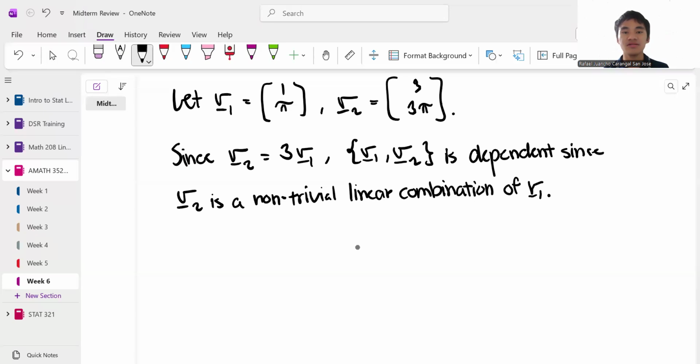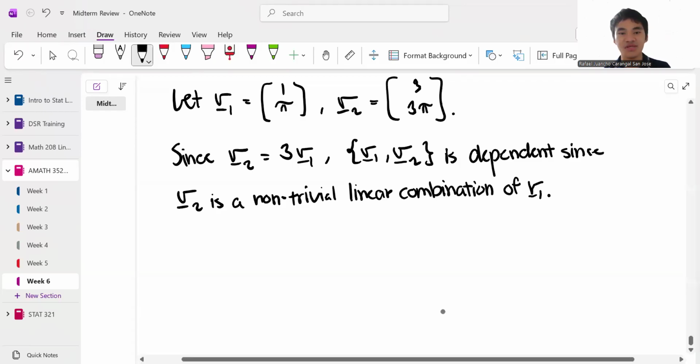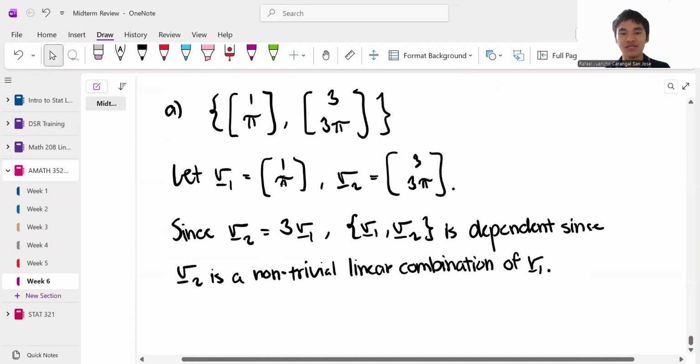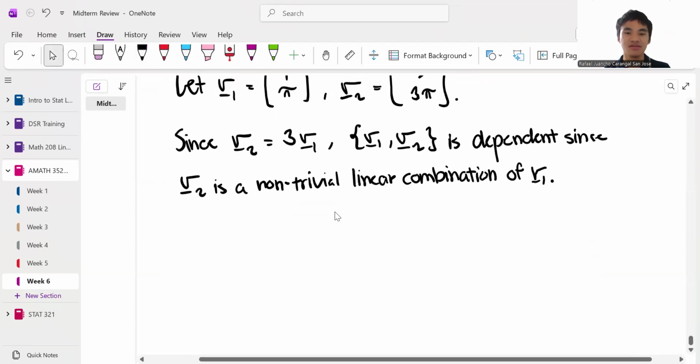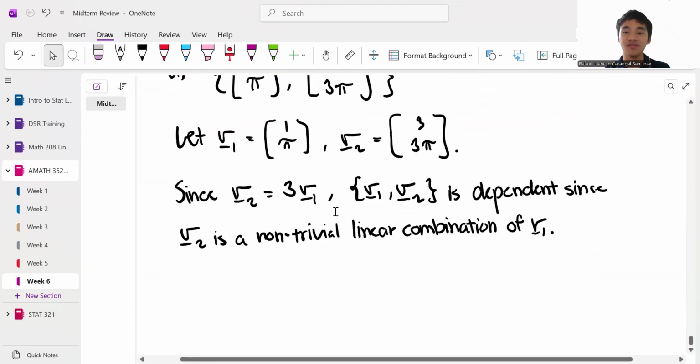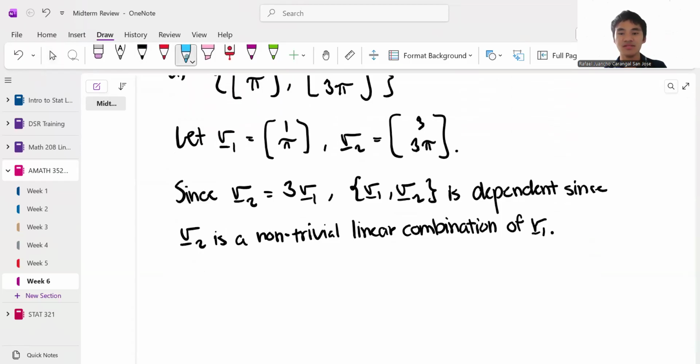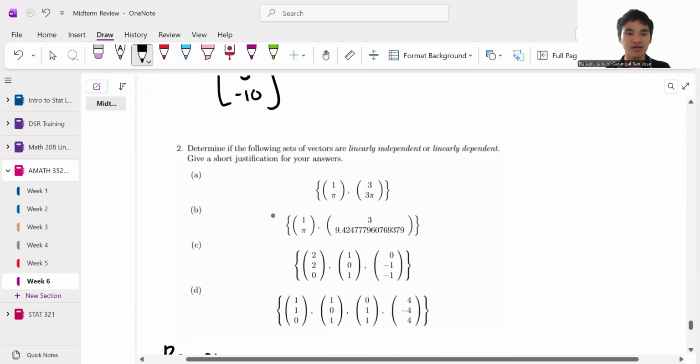I could do the alternate definition where I put a scalar next to them and see if I get a solution out of it. But if I only get the zero, then that means they are independent. But in this case, they're dependent. This thing's dependent. Right?